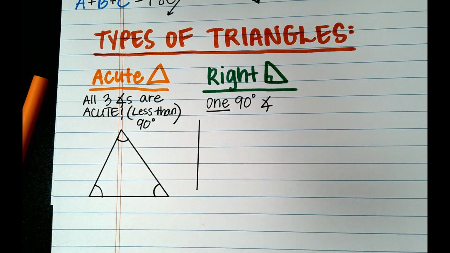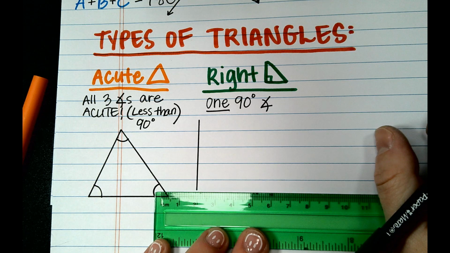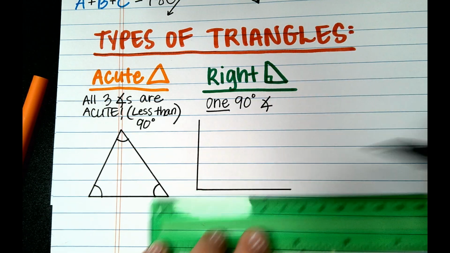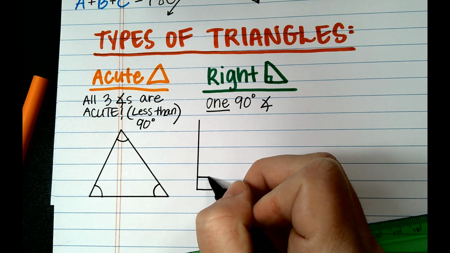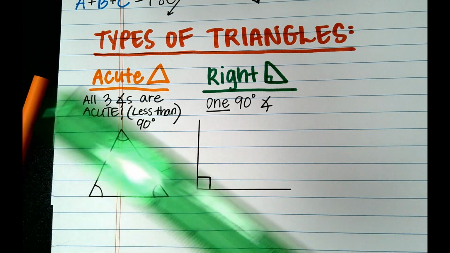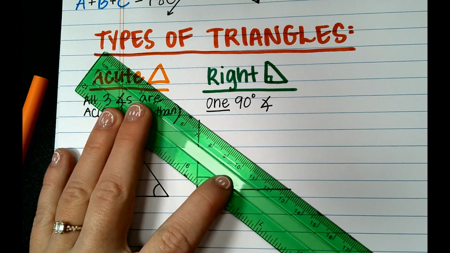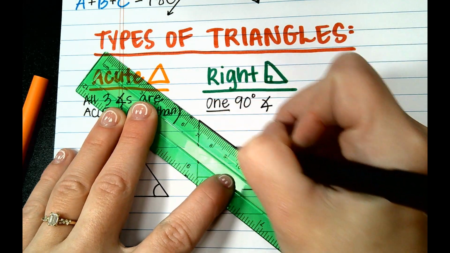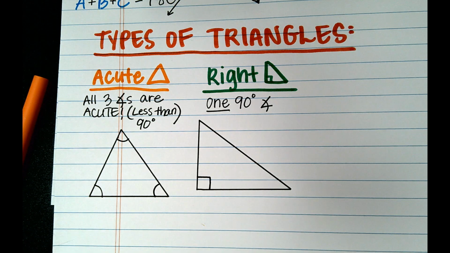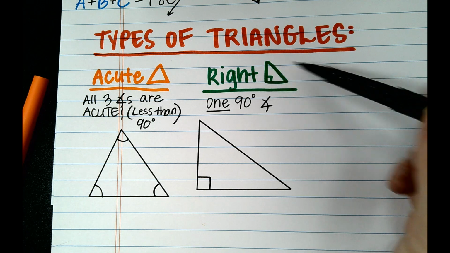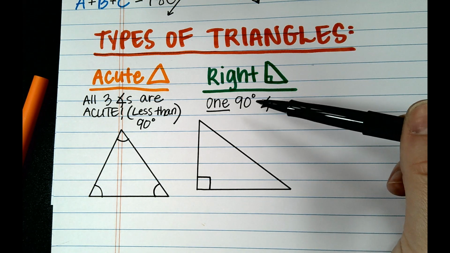So like a line somewhat straight up and down, and then a line straight left to right. And we always want to put that box there. And we just connect the points to create the third side of the triangle. So the right triangle has one 90-degree angle.